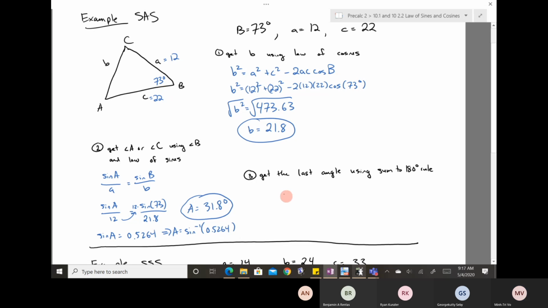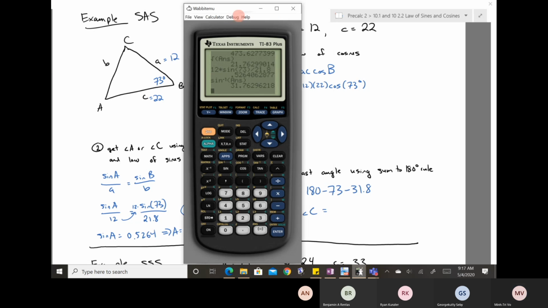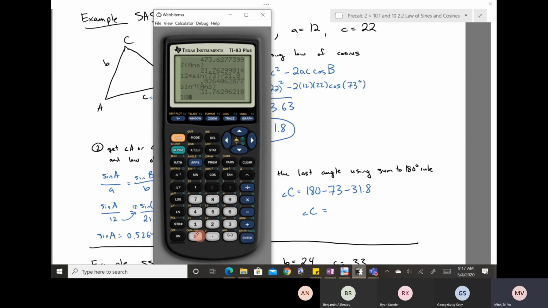So angle C is just 180 minus 73 minus 31.8, which is 75.2.